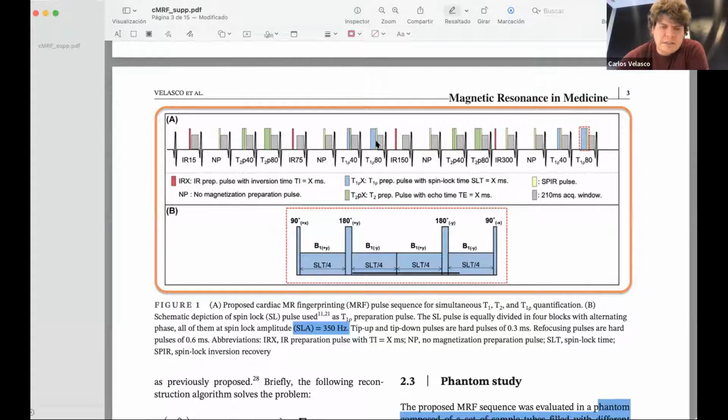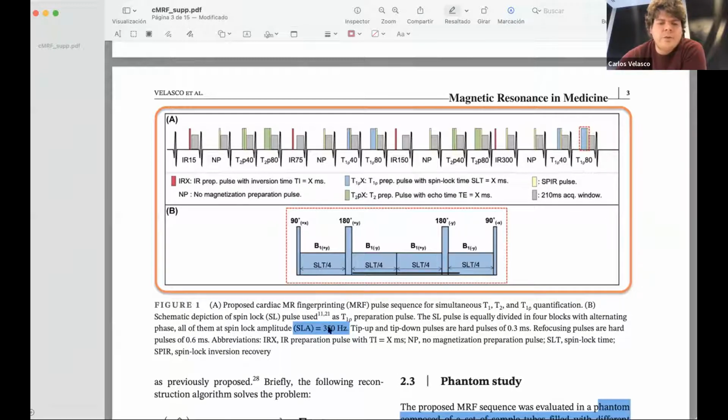The details of this, new for the cardiac MRF framework, are here on the bottom line. Here we see the preparation of the standard spin-lock pulse, and we have played it at 350 Hertz and 40 and 80 milliseconds. The spin-lock amplitude is important because the higher the spin-lock amplitude, the more contrast we can potentially have between normal healthy tissue and scar tissue.